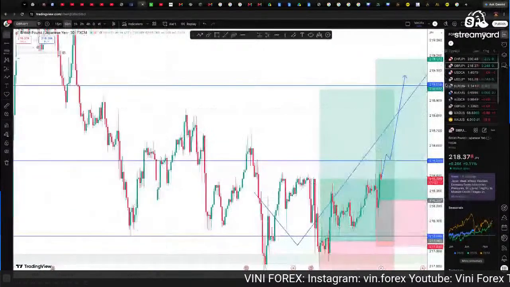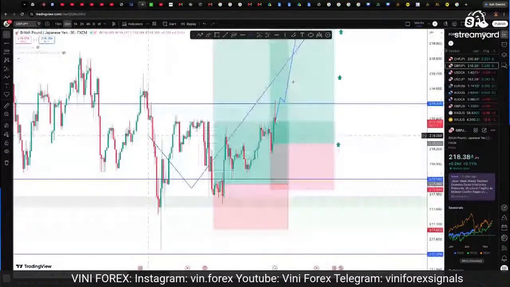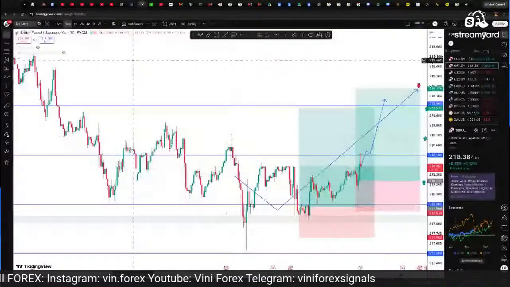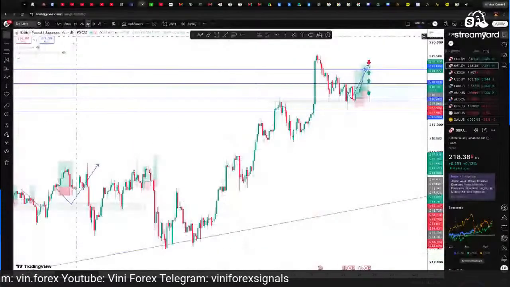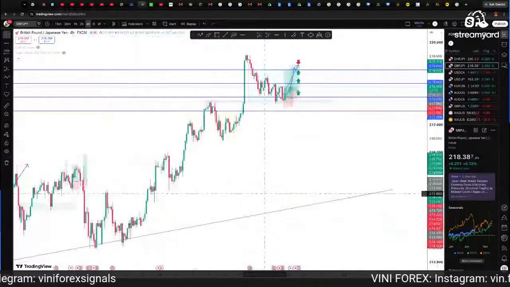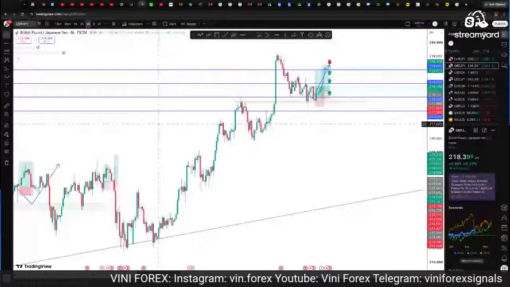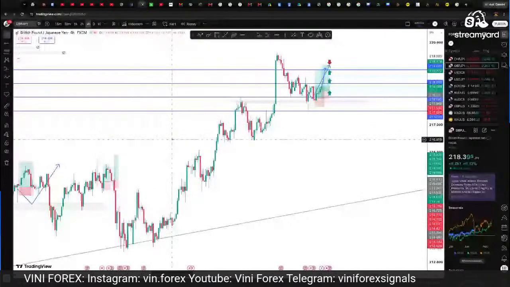So now this is GBPJPY. I will come to the 4 hours time frame. I right click on my mouse and it will bring up these options.